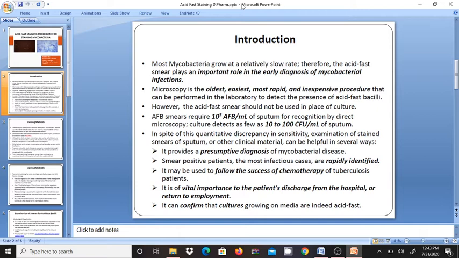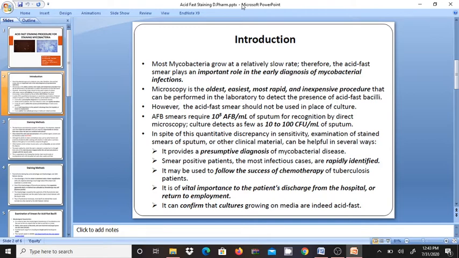Microscopy is the oldest, easiest, most rapid, and inexpensive procedure that can be preferred in the laboratory to detect the presence of acid-fast bacilli. However, the acid-fast smear should not be used in place of culture.